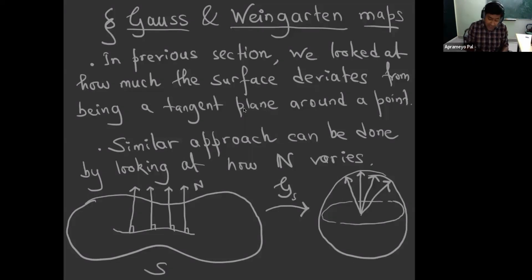So what I'm saying is, take an arbitrary point, consider the unit normal vector at that point, and then consider this as an element in the sphere, as a vector in the sphere essentially. Let me define this in a proper way.